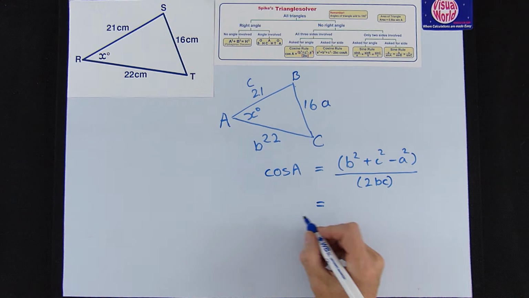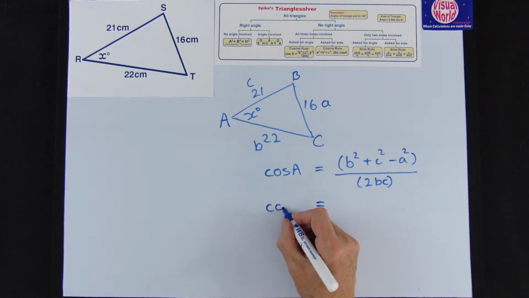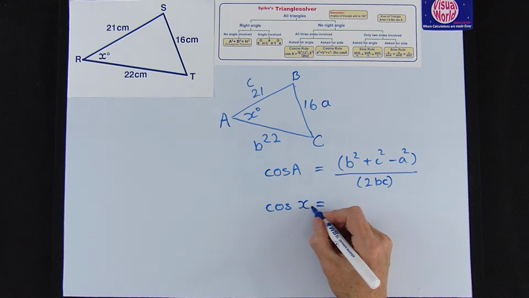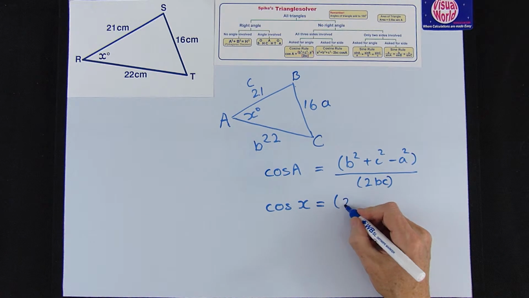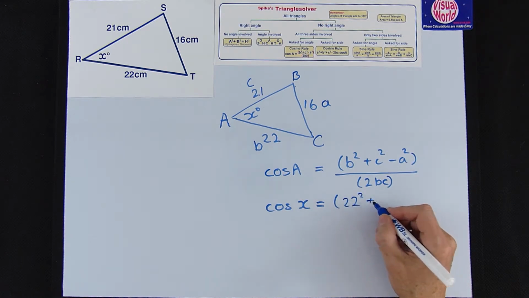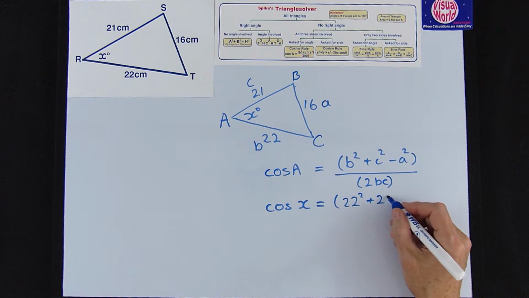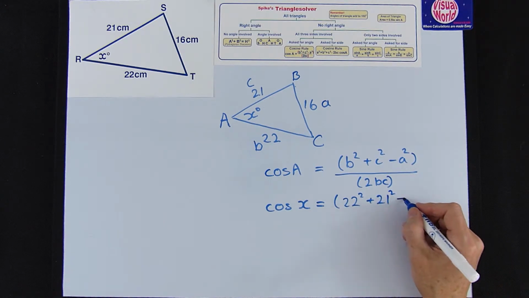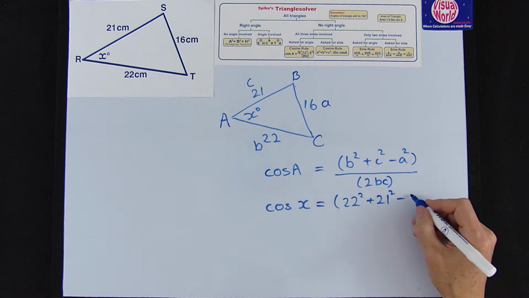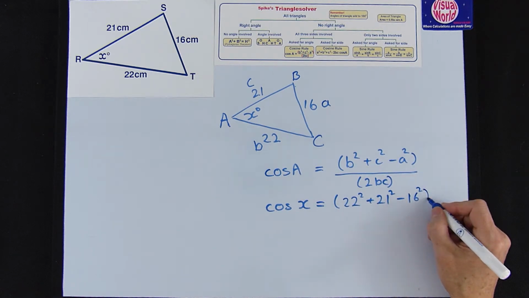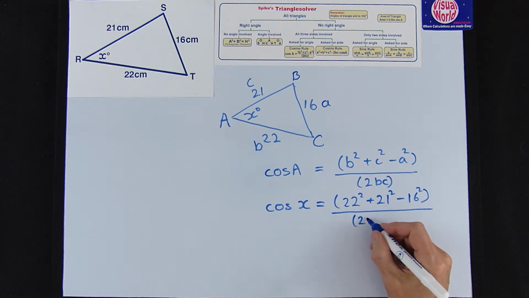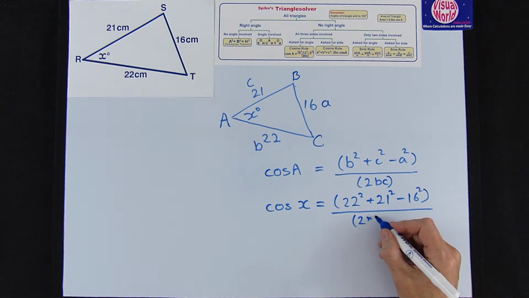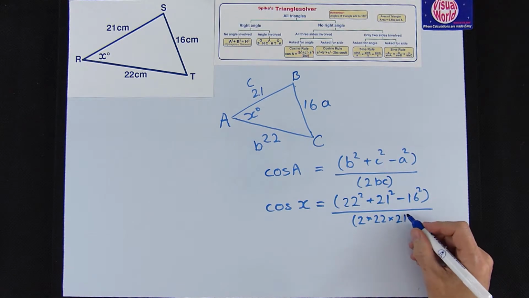The a is the x, so we go cos x equals, open the brackets, b is 22, 22 squared plus c is 21, 21 squared minus a, which is 16, so it's 16 squared, all over, open brackets, 2 times b, which is 22, times c, which is 21.